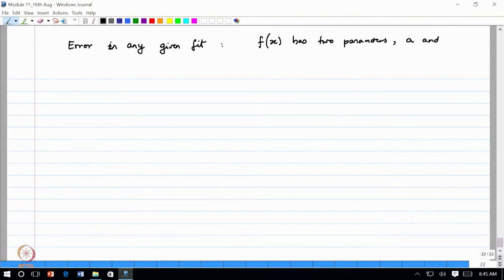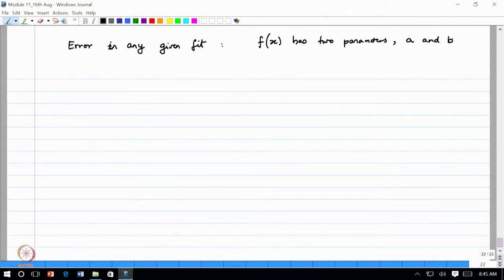So, I will explain the procedure. What you do is you define the error in any given fit. Let me take the example where f of x has 2 parameters, a and b.